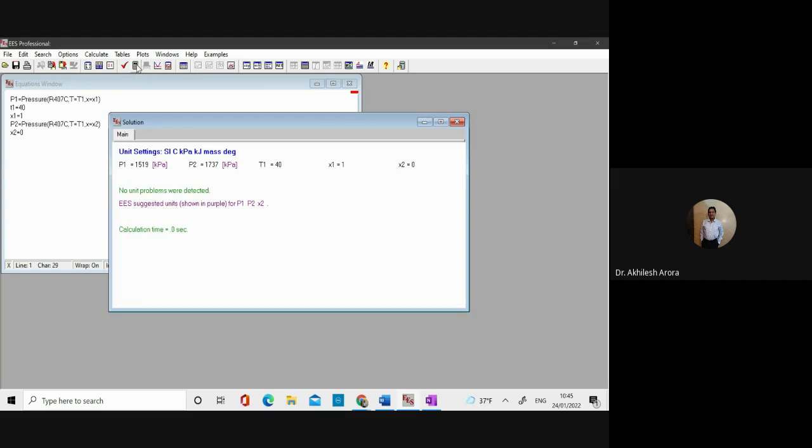There are two different pressures. If I am considering x1, or the dryness fraction, as having value 1, then the pressure comes out to be 1519. Whereas if I am using x equal to 0, the pressure is 1737. So it is showing two pressures corresponding to the same temperature. And this is because it is a zeotropic mixture. So a zeotropic mixture has two different pressures corresponding to a particular temperature.